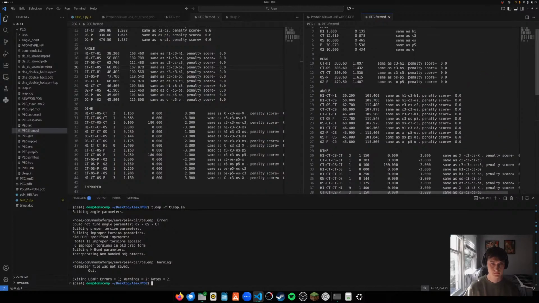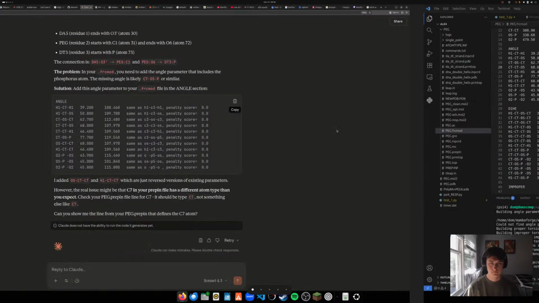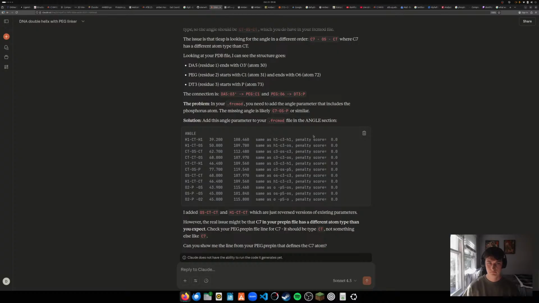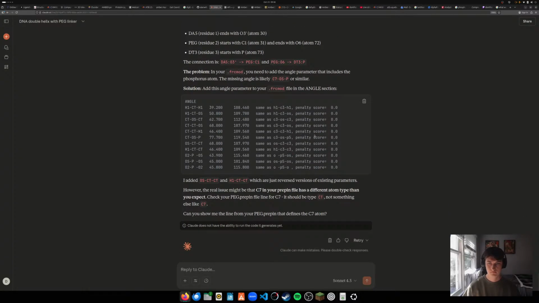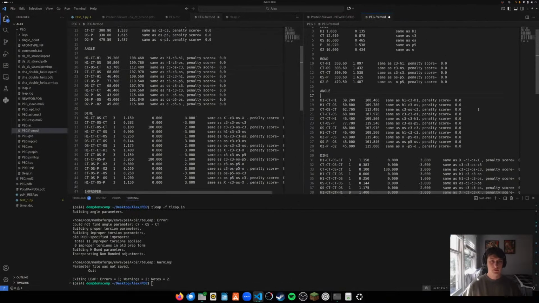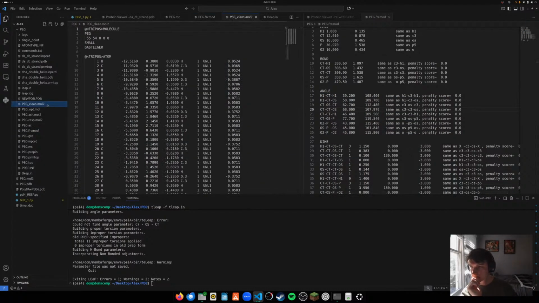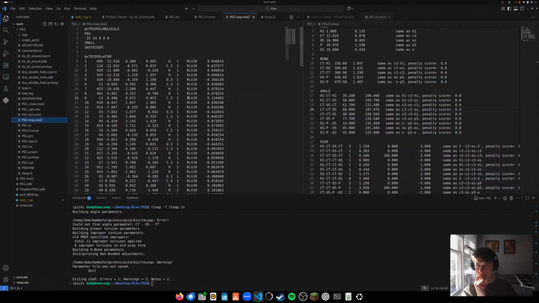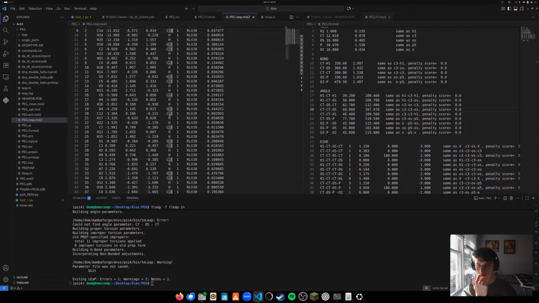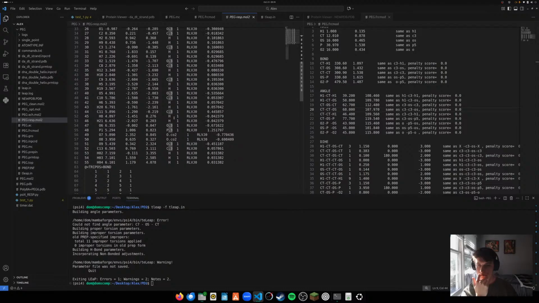C7 has a different atom type than you suspected. Let's see.